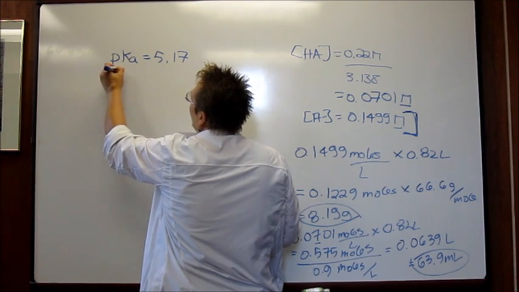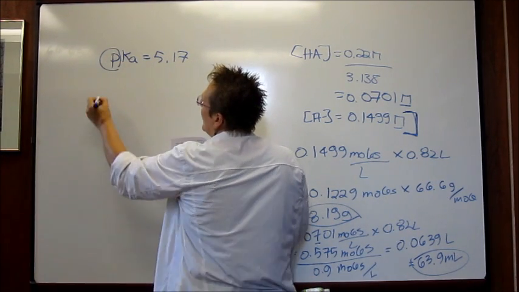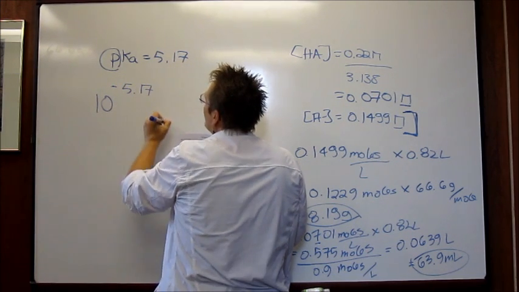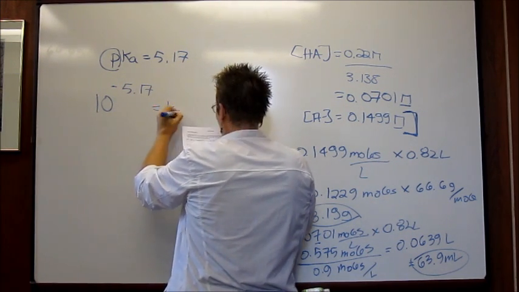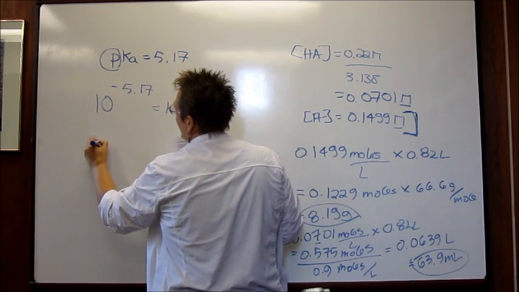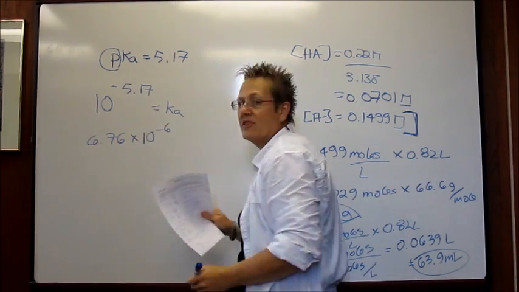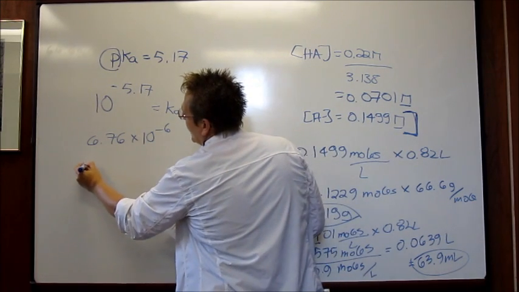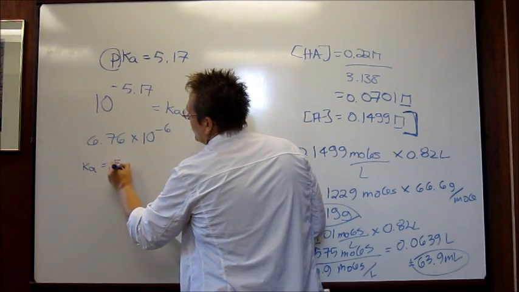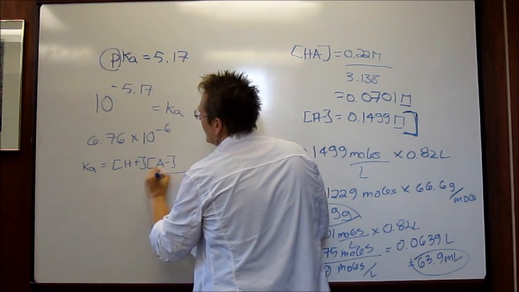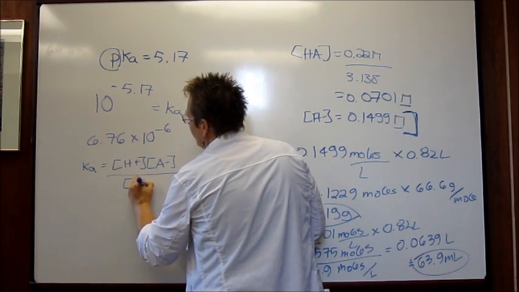Since a pKa is the negative log of a Ka, 10 to the negative 5.17 is going to be equal to Ka, which, as it turns out, is 6.76 times 10 to the minus 6. So then it's simply a question of saying, okay, Ka is equal to the concentration of H+ times the concentration of A- all over HA.